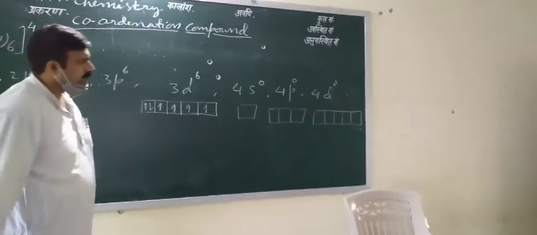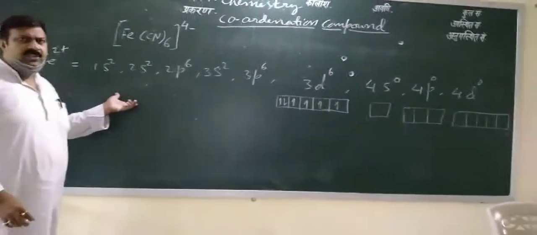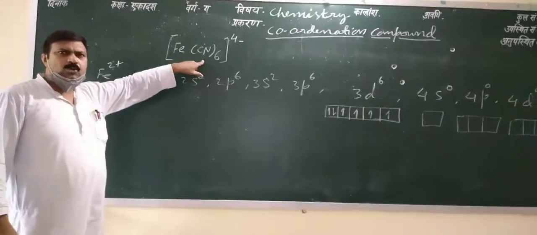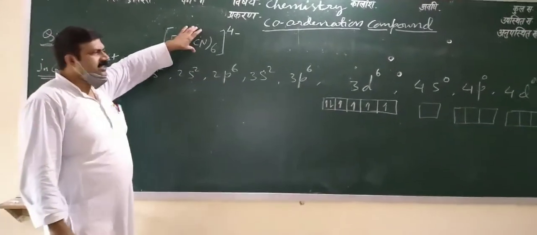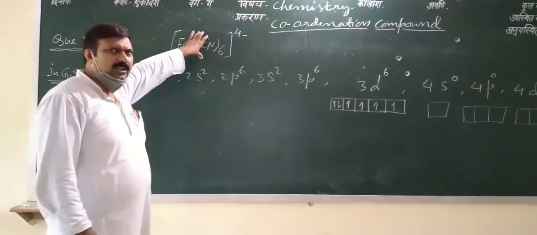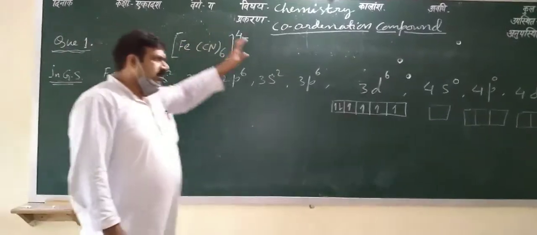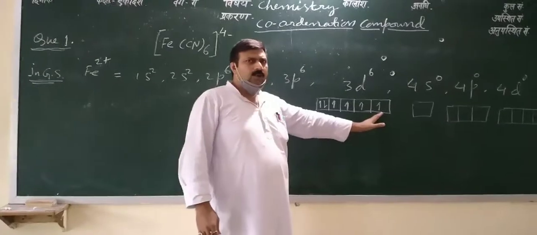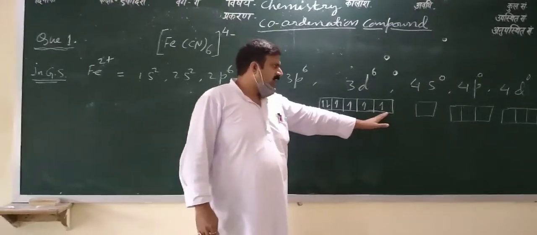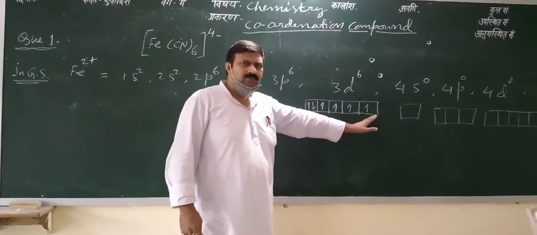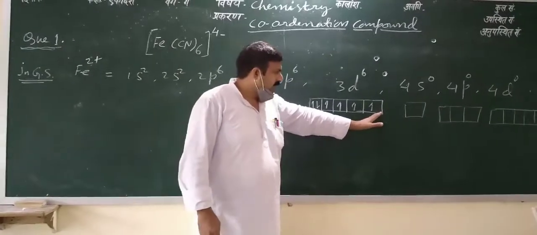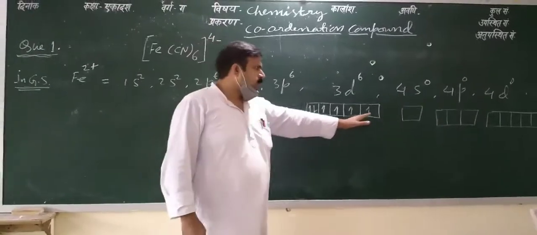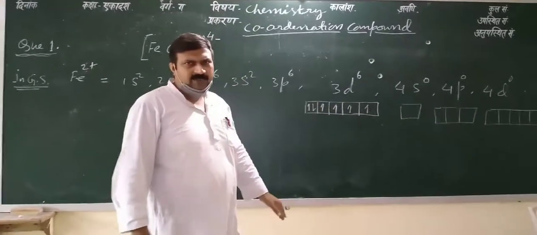Now see here, in [Fe(CN)6]4-, cyanide is a strong ligand. Cyanide ion is a strong field ligand. Strong ligands repel the electrons present in the d orbitals of the valence shell of the central metal ion and try to pair these electrons in the inner d orbitals.